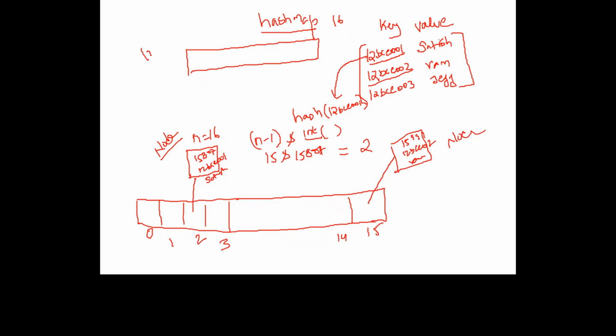I have created this structure, right? How will I search? Hash it. When I hash it, I'll get 15807. Then I'll compute this in the formula and know in which index I have to look. So directly I'll go to index 2, and then I'll be able to check the key. If there is a key match, I'll fetch the value.